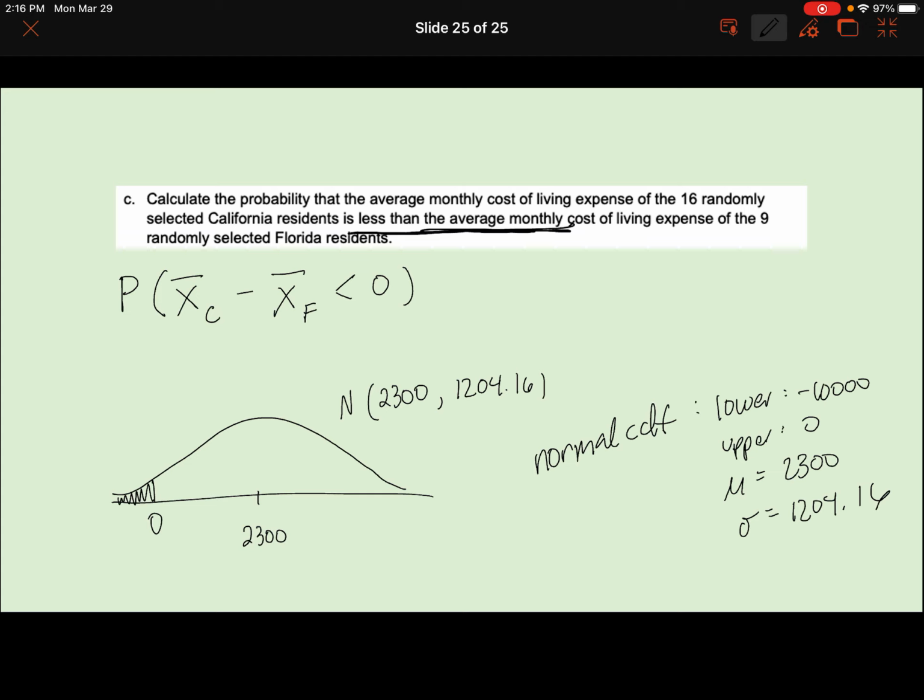And yep, I'm getting 0.028 for the probability that the mean among the Californians is less than the mean among the randomly selected Florida residents.